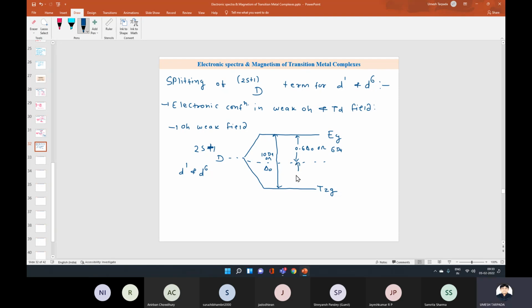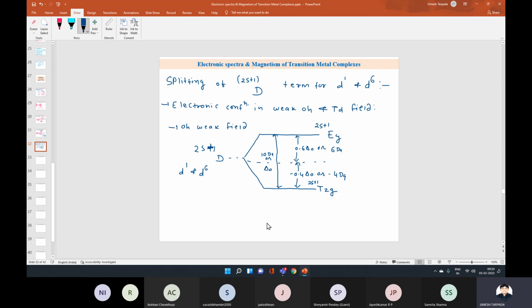What about this one? It's 0.4 octahedral, or you can say it's minus 4 Dq. So see, this is the splitting. Here the multiplicity remains same, 2S plus 1. Here also it's 2S plus 1. So this is called splitting of d term in the case of octahedral field.